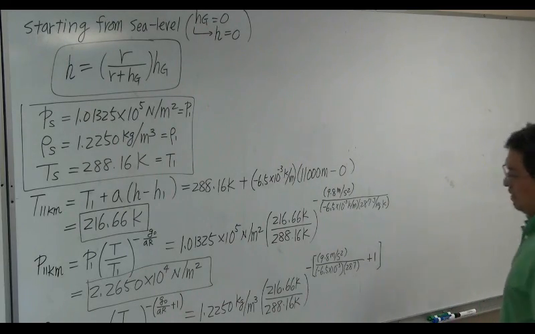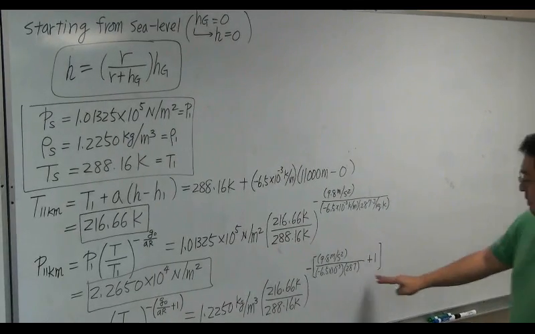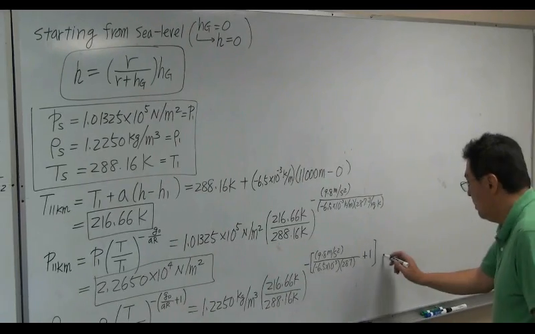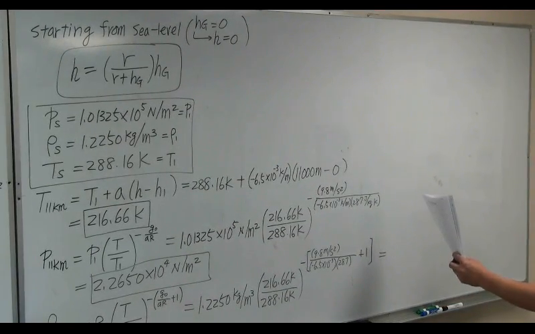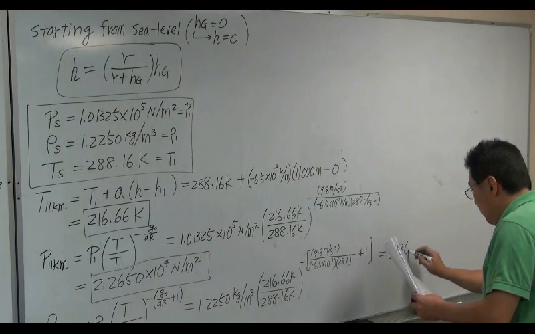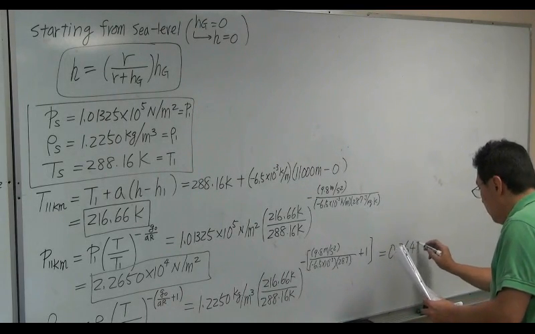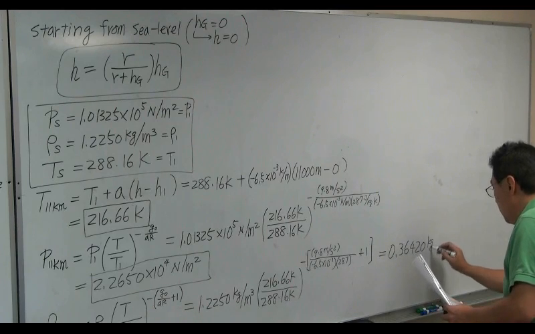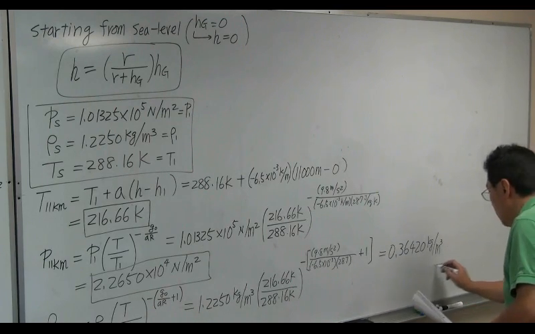Okay. So, if you plug those numbers in, you are going to get the density, which is 0.36420 kilogram per cubic meter.